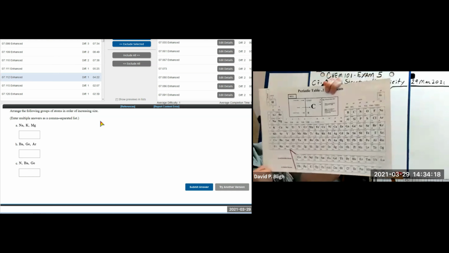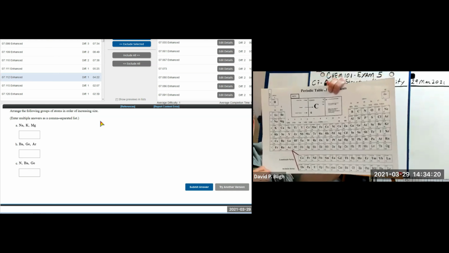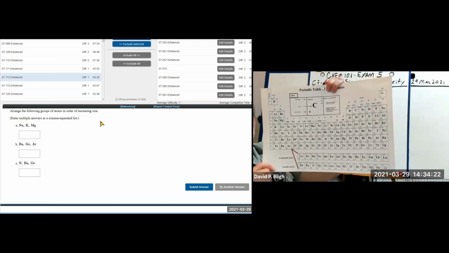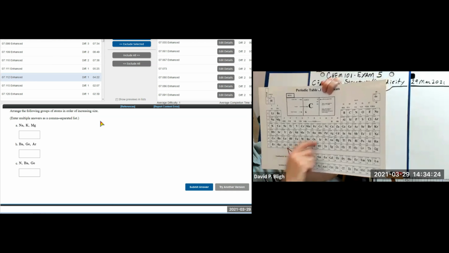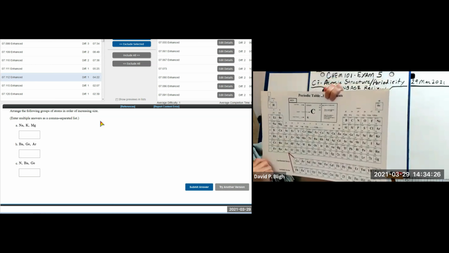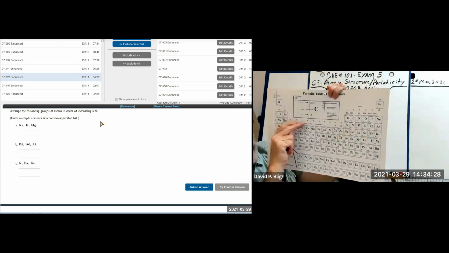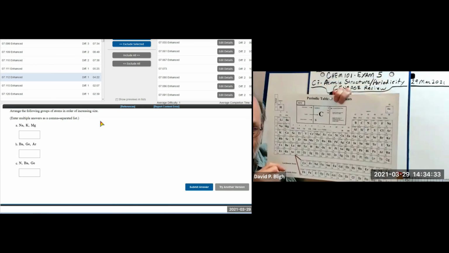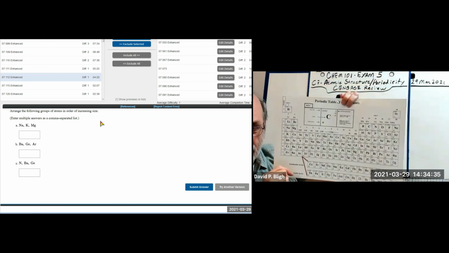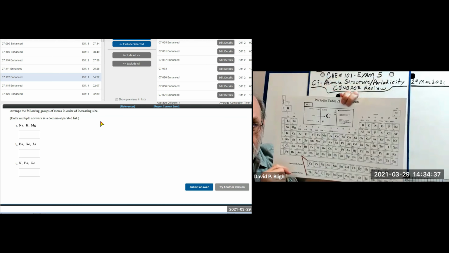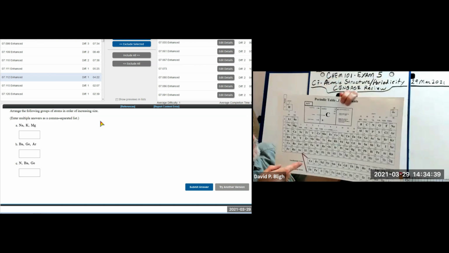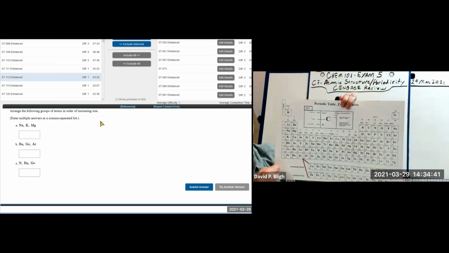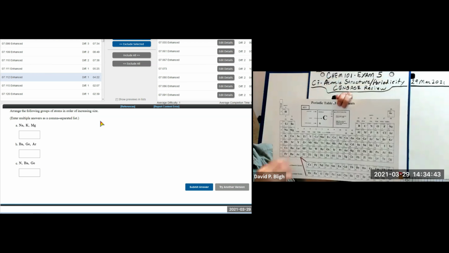Smaller going up, and smaller to the right. So they get smaller this way and smaller that way. So atomic size is a similar trend to first ionization energy.